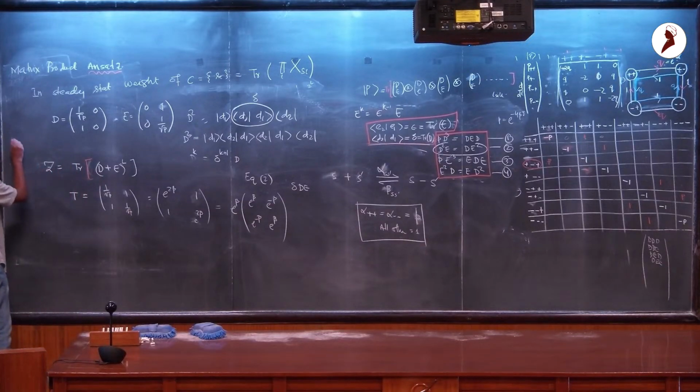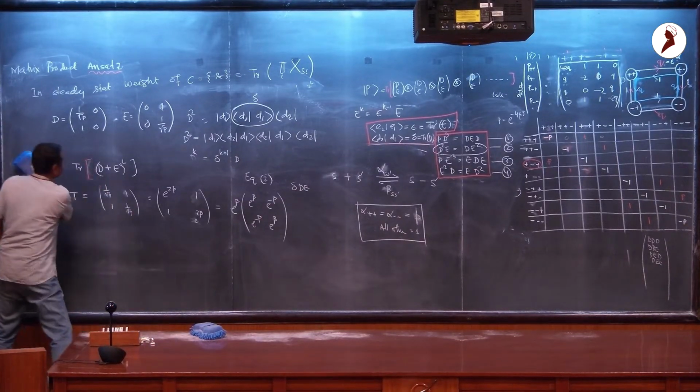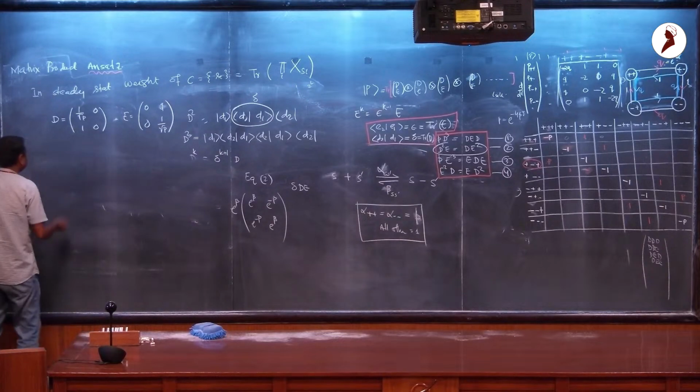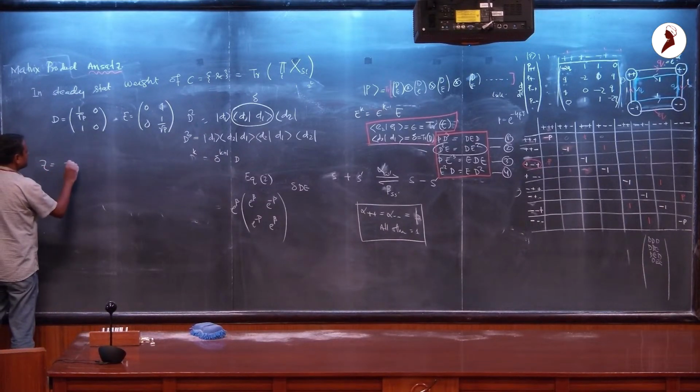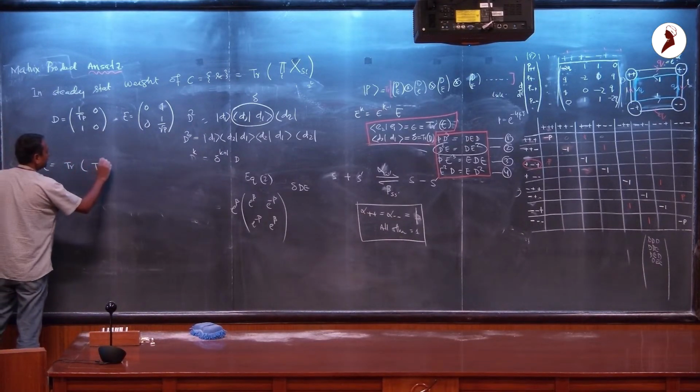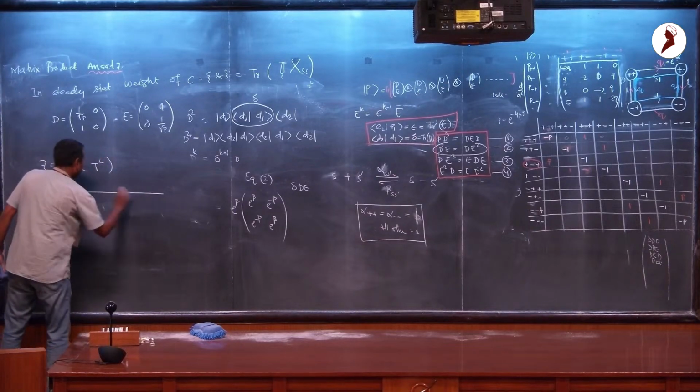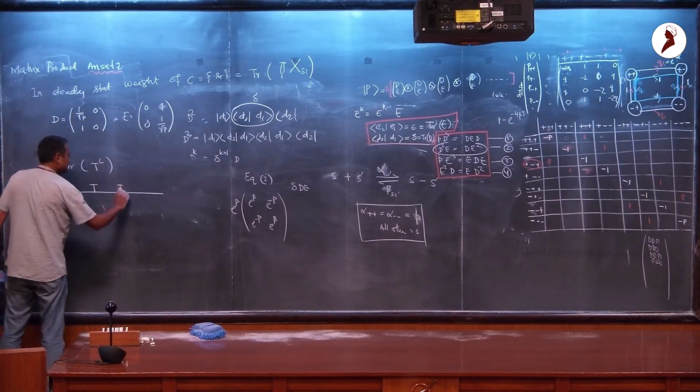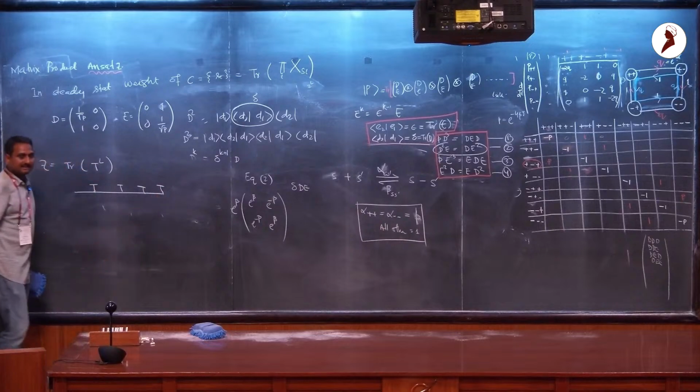If you know that the partition function Z equals the trace of T to the power L, this is basically as if at each point you have written a T, and then you have a trace.